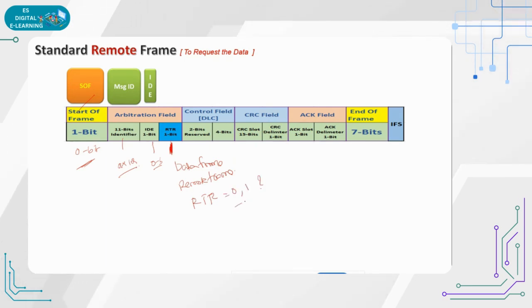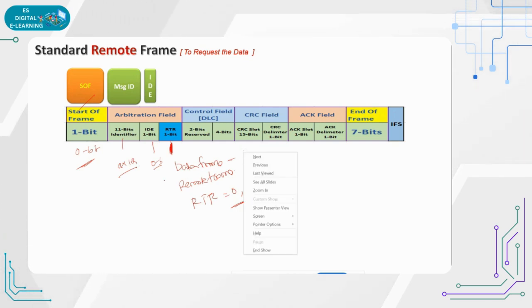So what is the option? In a data frame, when you are sending the data, will it be 1 or 0? When we are sending the data, that time for the data frame, it will be 0 or 1. 0. Are you sure? 0. Okay.